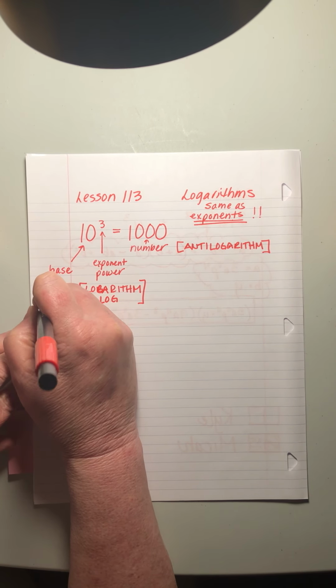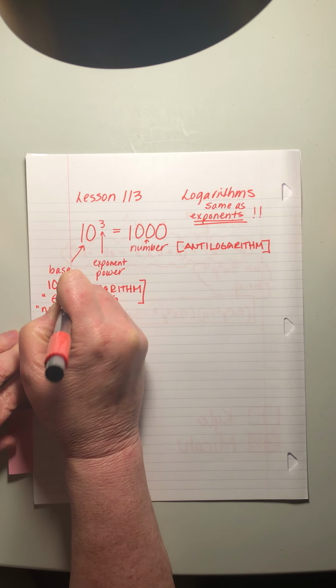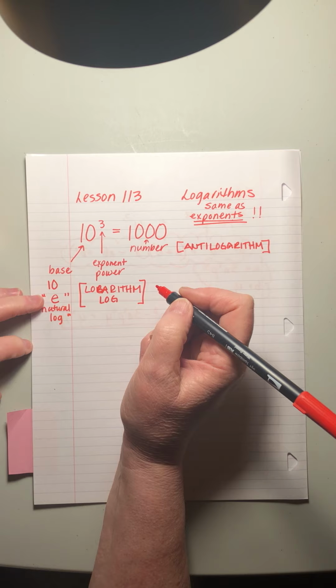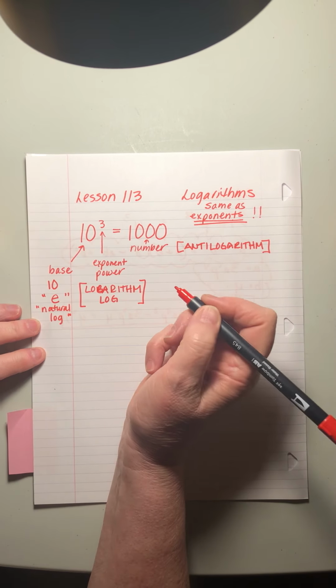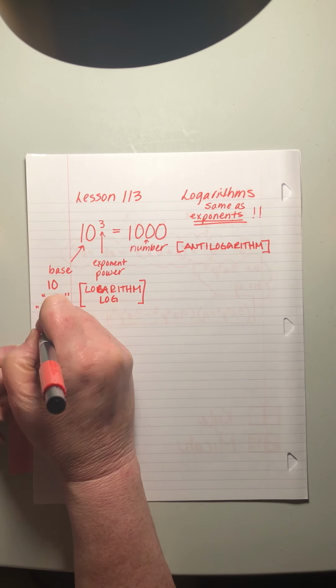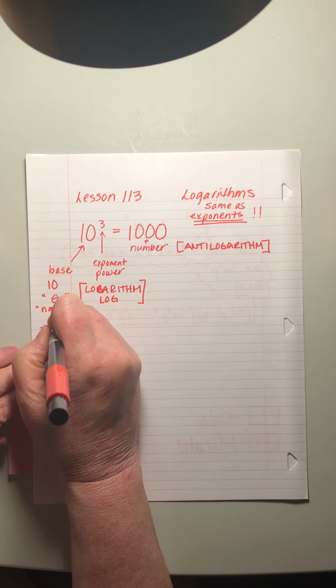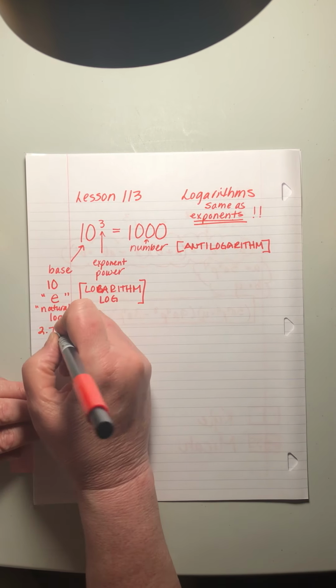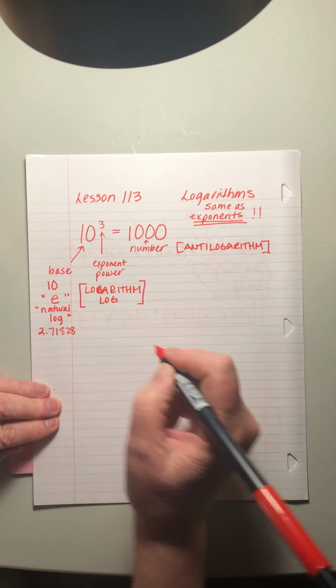And we say natural log, okay? We can say E, but we can also say it's the natural log. And the number is 2.71828. Yes, we usually round that, okay?